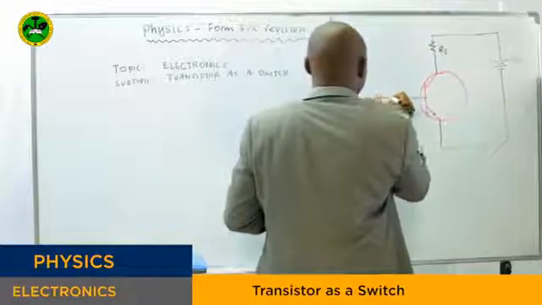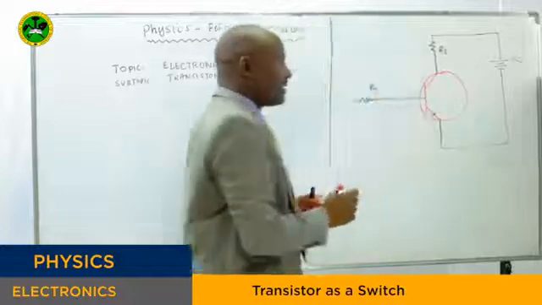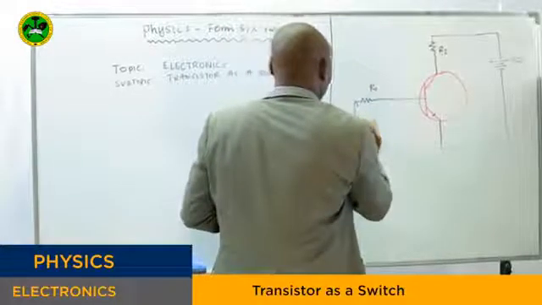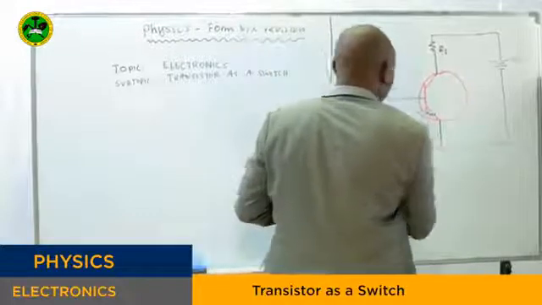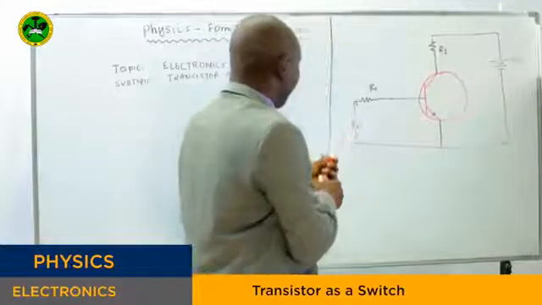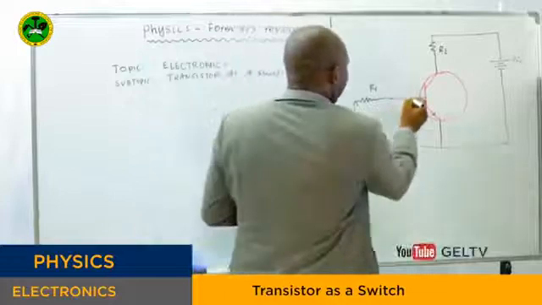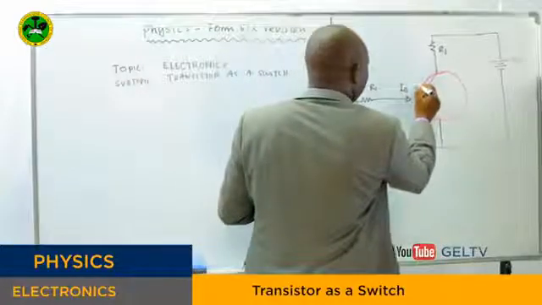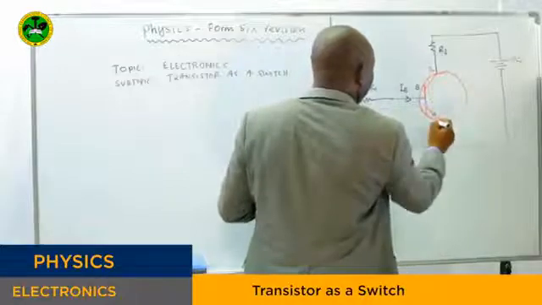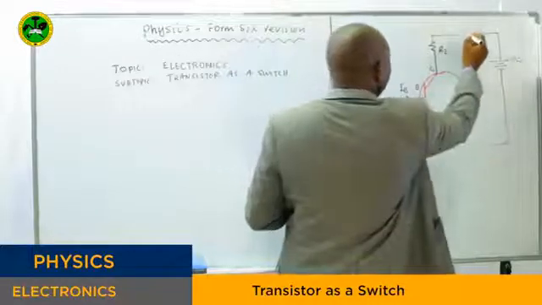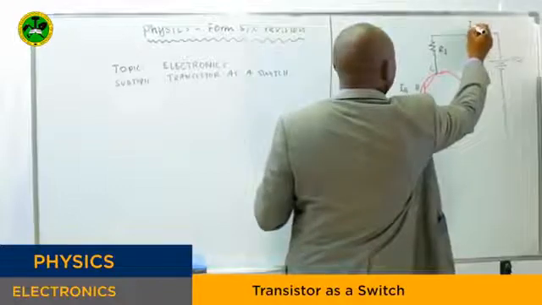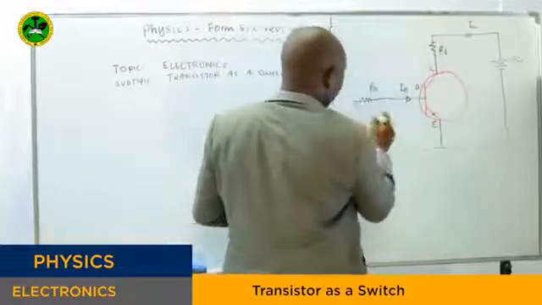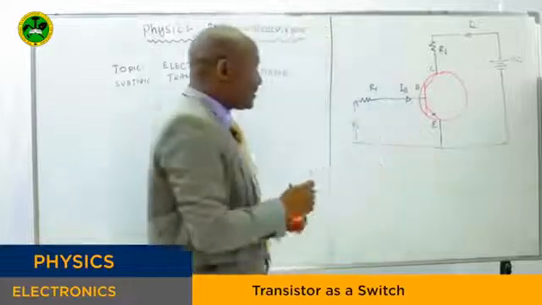And we're given this is R1 as the input. This is our input voltage. This is the base current, because this is the base, this is a collector, this is our emitter. And this is our collector current, of course. So we have the circuit as required.